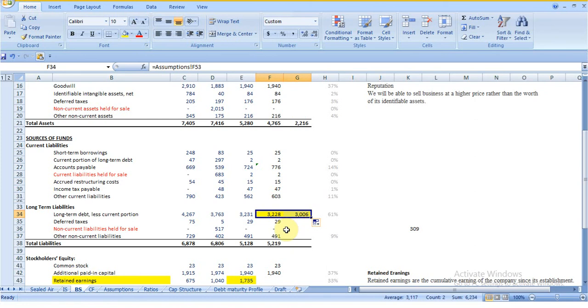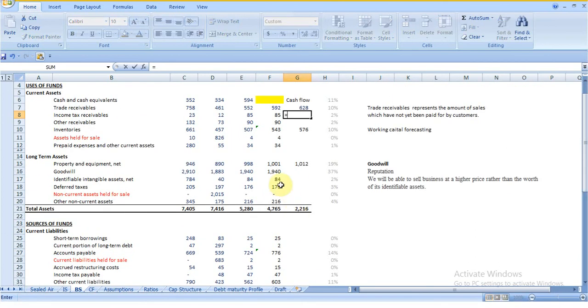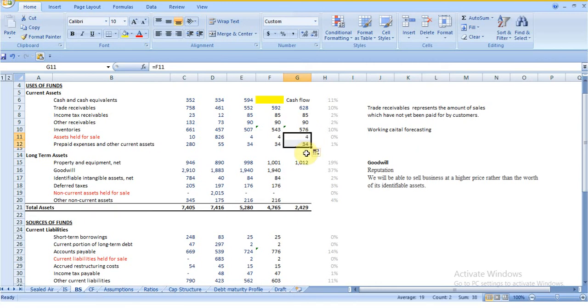I do understand all the 2019 figures I have not plugged in. Maybe I'll quickly plug them in so that it will look complete. I will drag it. Similarly, these also I will just drag.